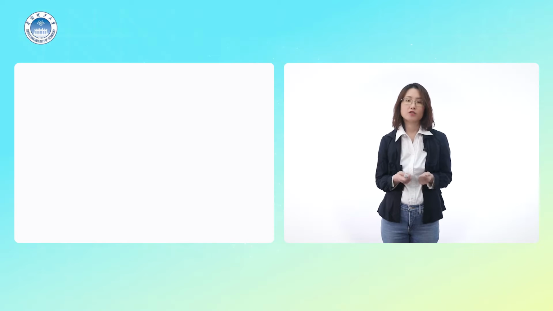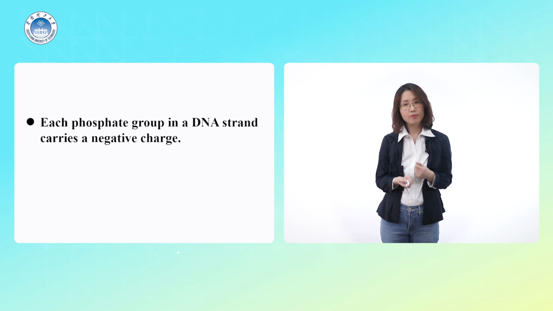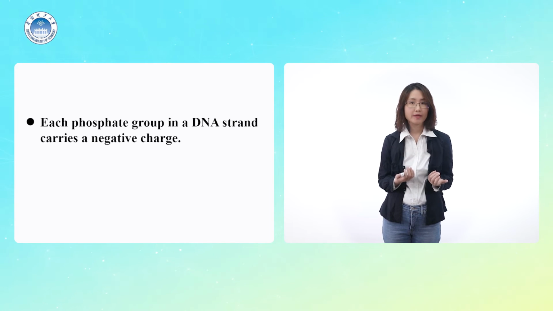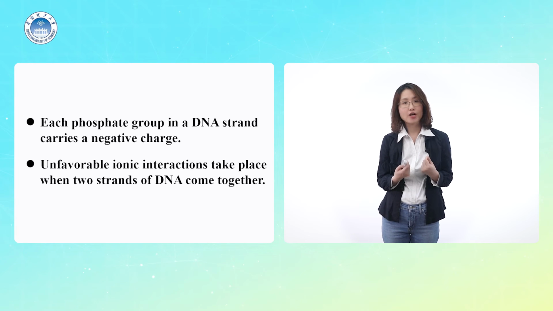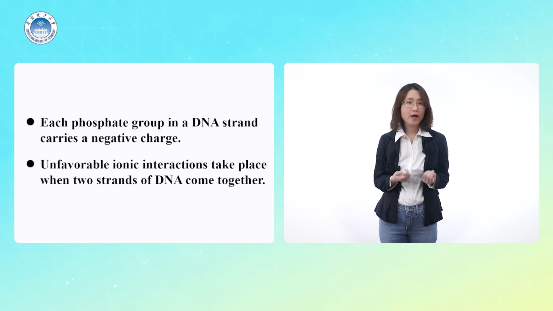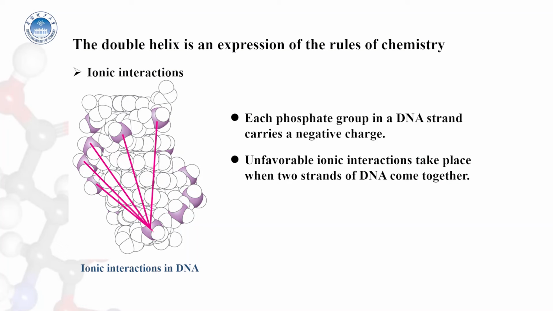The double helix is an expression of the rules of chemistry. So first, each phosphate group in a DNA strand carries a negative charge. Unfavorable ionic interactions take place when two strands of DNA come together. Thus, ionic interactions oppose the formation of the double helix.